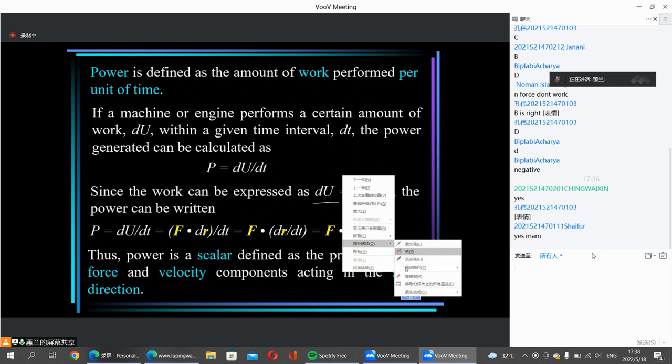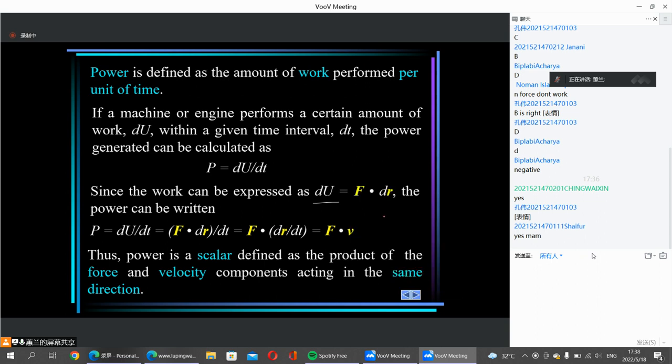And then the element work will equal the force times the element displacement, dr. So the element work will equal the force dot the displacement. Then the power, we use the capital P to indicate the power. P is actually work per unit time, equal to F dot dr over dt.